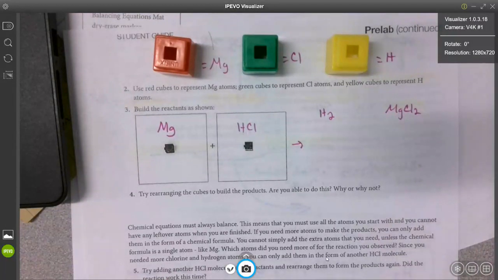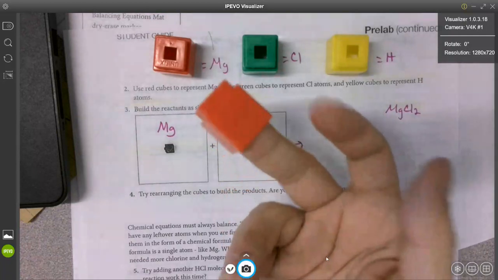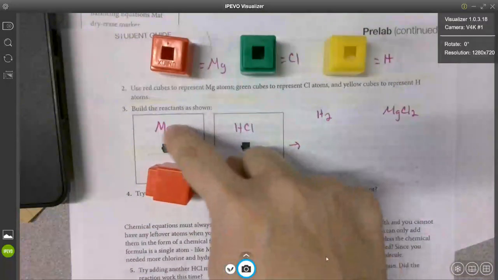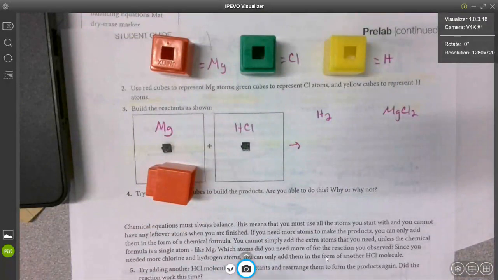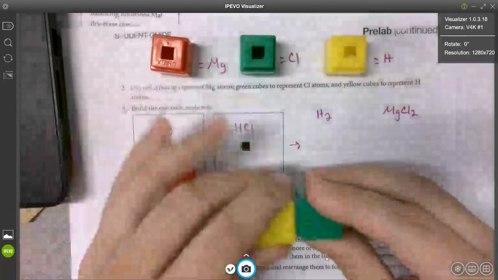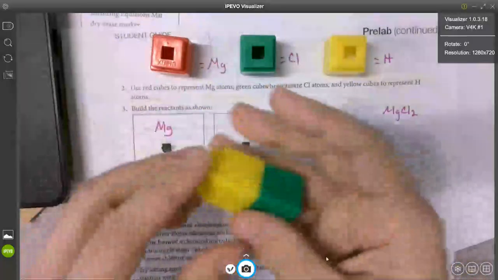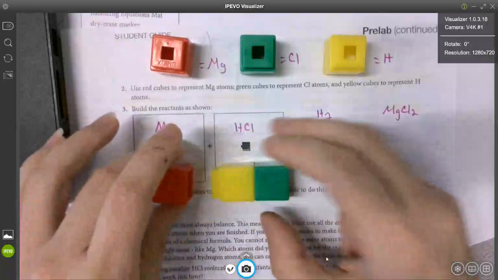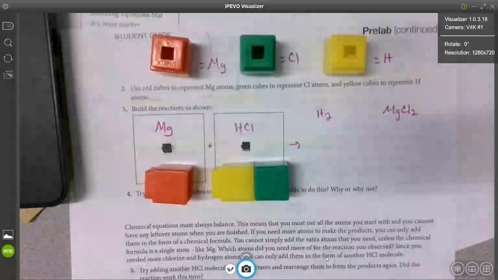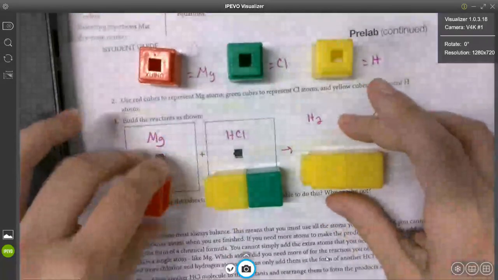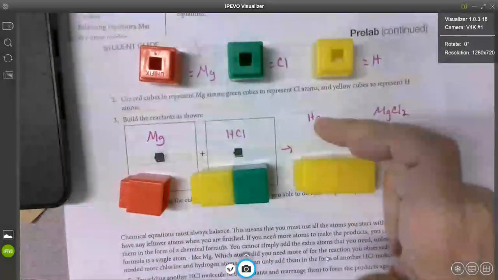So what we're going to do is use our colors. Magnesium was red, so there's only 1 magnesium there, so only 1 red cube. We have 1 hydrogen present, and we only have 1 chlorine present, so it forms 1 hydrochloric acid molecule. H2, 2 hydrogens. This is going to give us 1 molecule of H2, of hydrogen.